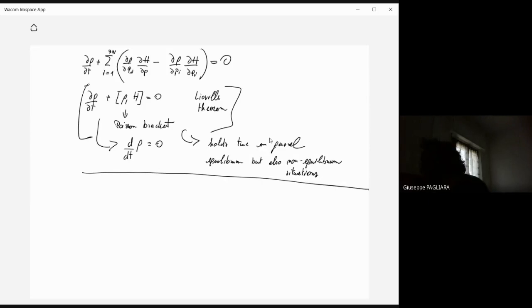So it's a general equation for rho that holds true both in thermodynamical equilibrium, but also out of thermodynamical equilibrium.